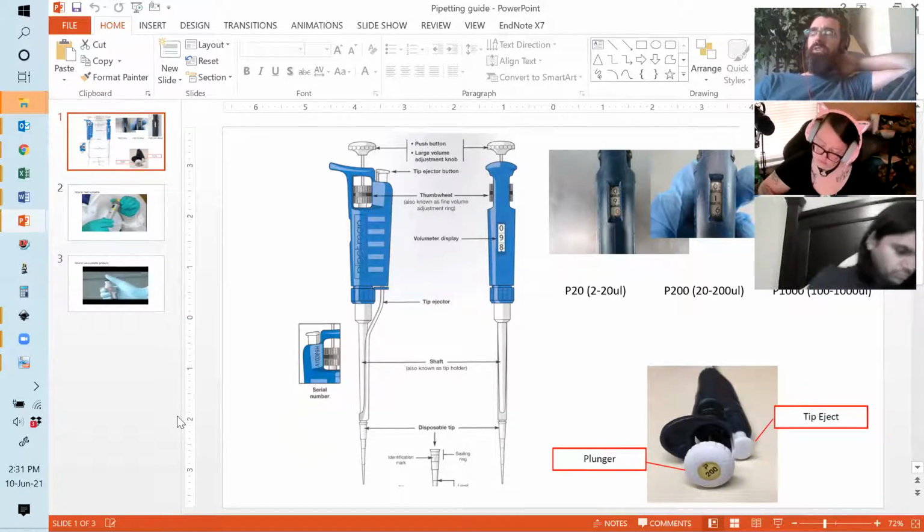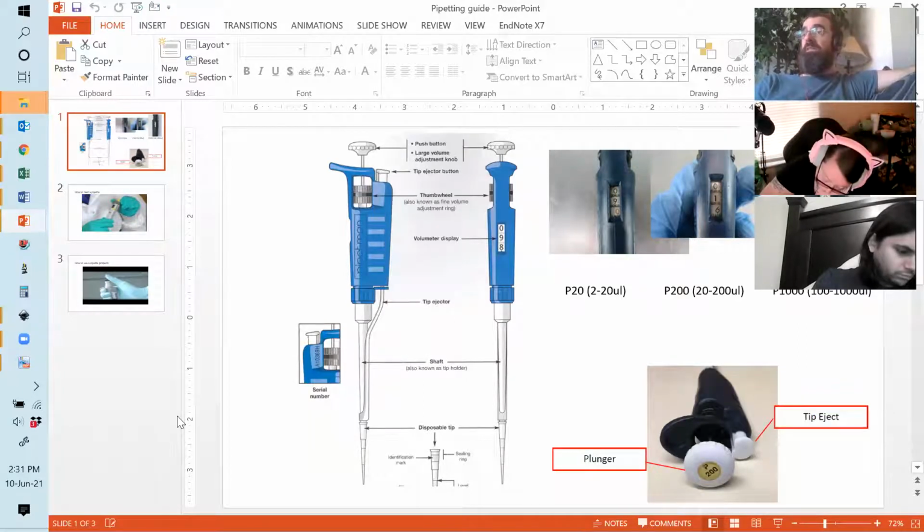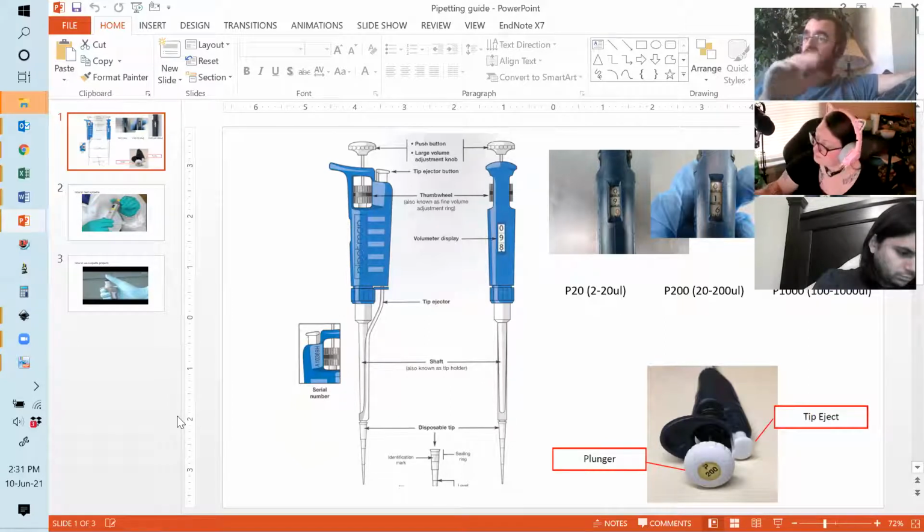So you might have some accuracy between, say, 8 milliliters and 9 milliliters, with some margin of error. But once you get smaller than that, it's really hard work.